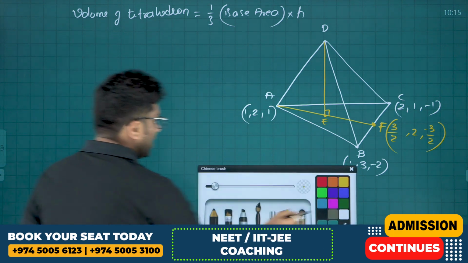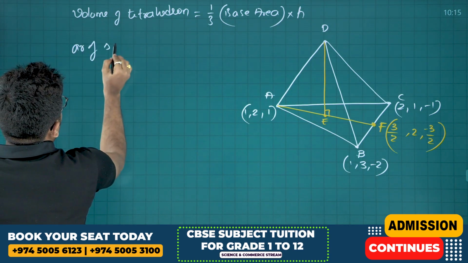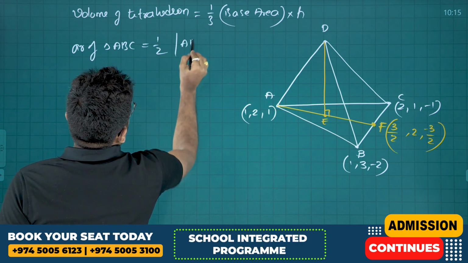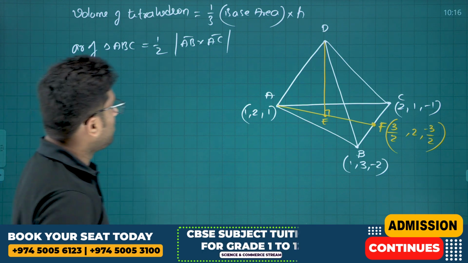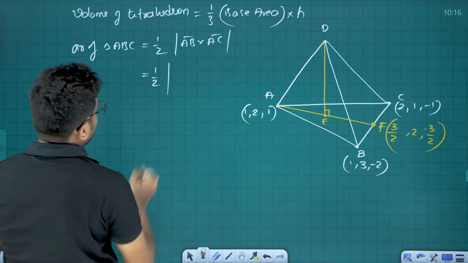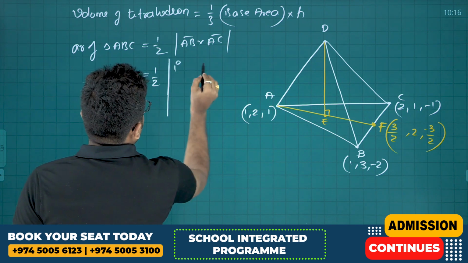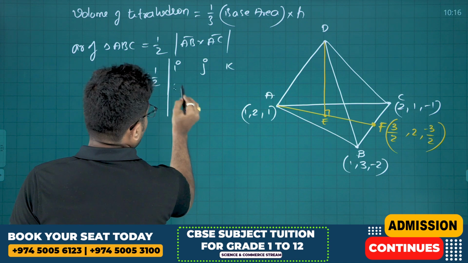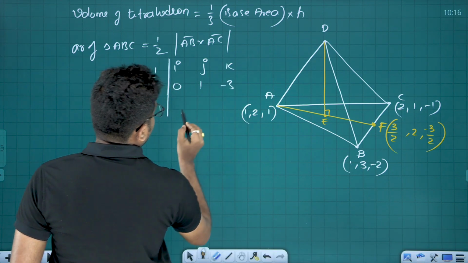First let's find the area of triangle ABC, friends. The area of triangle ABC, as usual, is half into the modulus of AB bar cross AC bar. AB bar is (1-1)i, (3-2)j, (-2-1)k, which is 0, 1, -3.